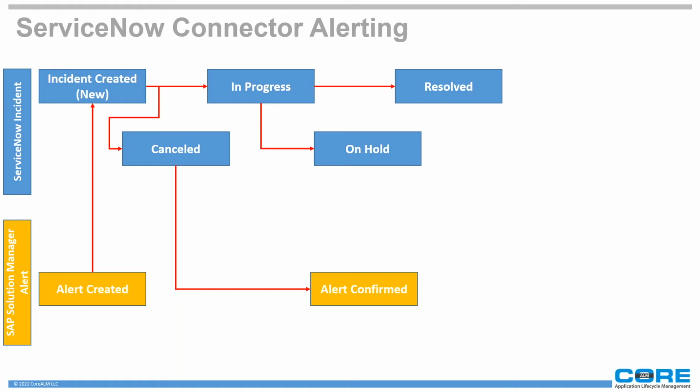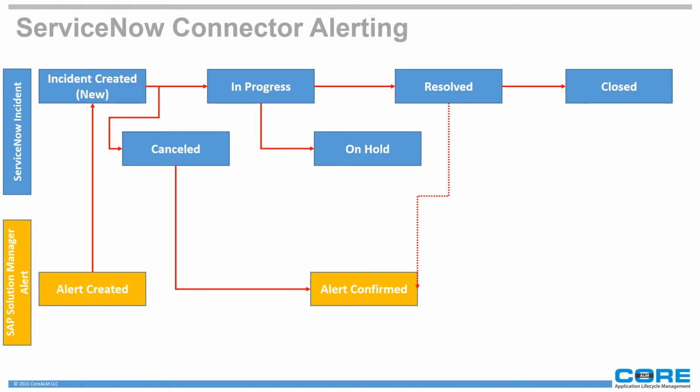We allow you to confirm an alert in status resolved. If that's what you use, our connector is capable of being configured fairly easily to confirm an alert in Solman once we've hit the resolved status.